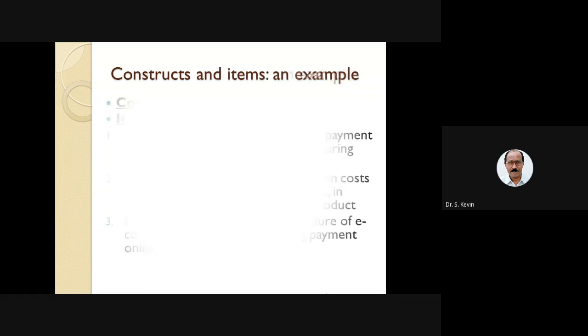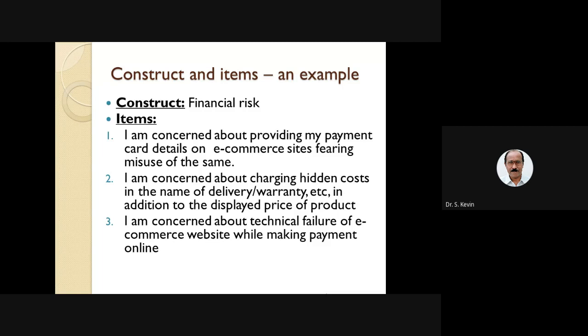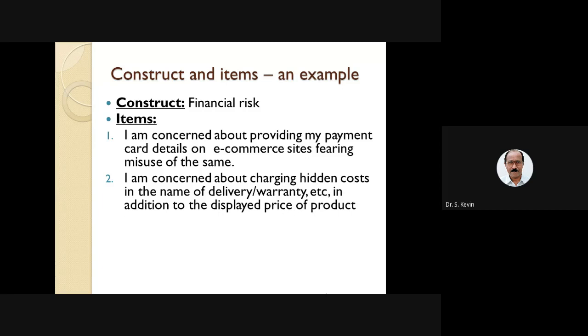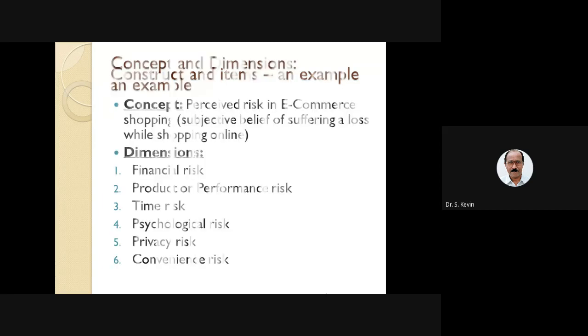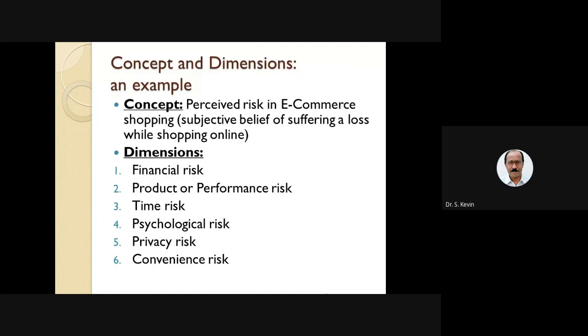Okay, see here. Then you may be wondering now, from where do I get these statements? From where do I get this? Say, for example, these dimensions, these different types of risks. So this you can understand, as I said, only by reading the theories, previous studies.